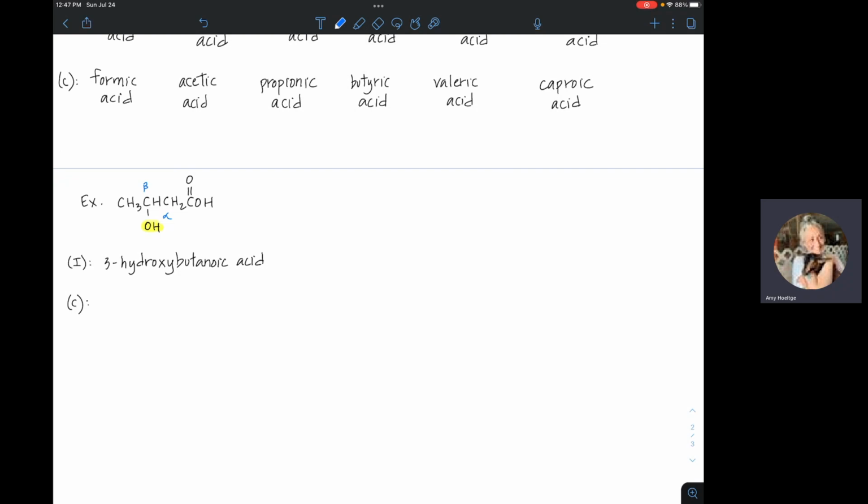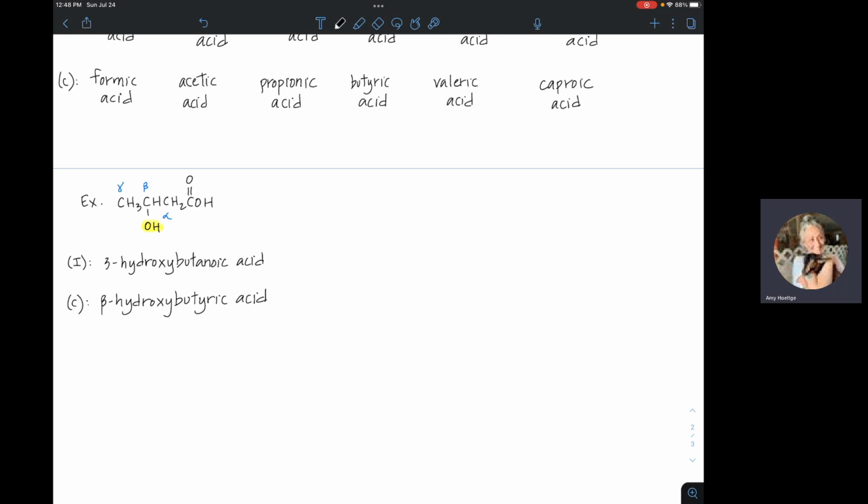It's these little Greek symbols that they have a hard time with. The alpha carbon is right next to the carbonyl carbon, the beta carbon is the next one down, and then gamma. So we have beta hydroxybutyric acid. So we do not have beta hydroxybutanoic acid, and we do not have 3-hydroxybutyric acid. Don't mix those up, okay?